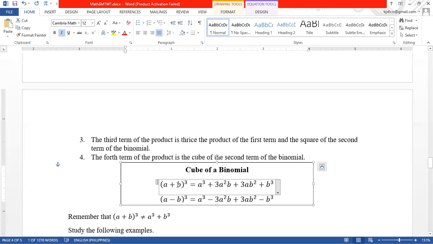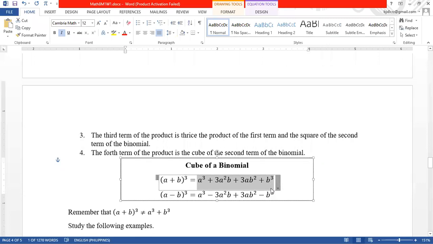So our second term is B. So atong gisquare si B, plus cube of the last term, which is si B. So cube of the last term. So we've got the equation which is a cubed plus 3a squared b plus 3ab squared plus b cubed.